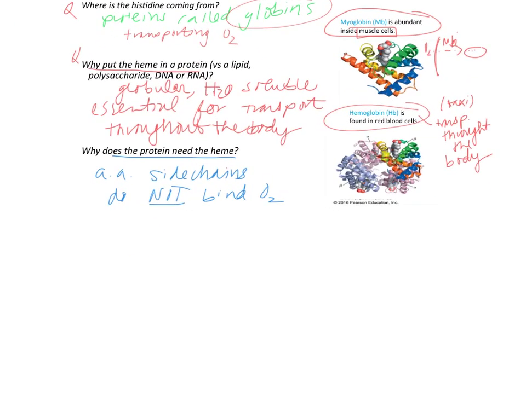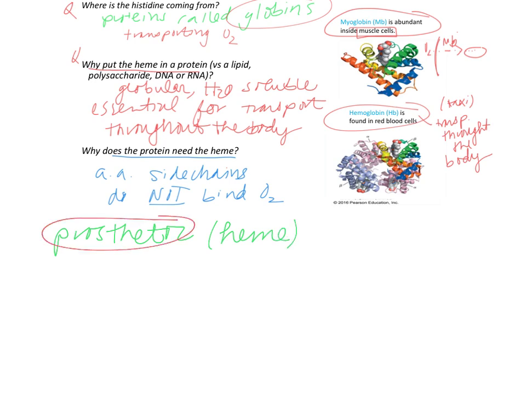So you have to have the heme group, and when a protein needs a prosthetic group, and the heme is a prosthetic group, this is a vocab word, the protein plus prosthetic is called a holoprotein. This is all one word, holoprotein.